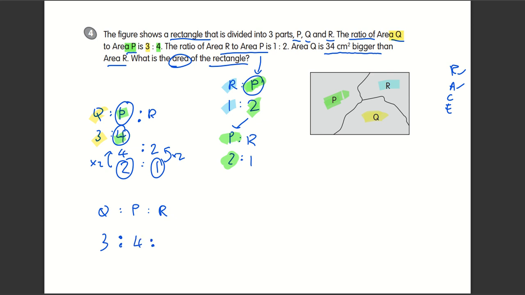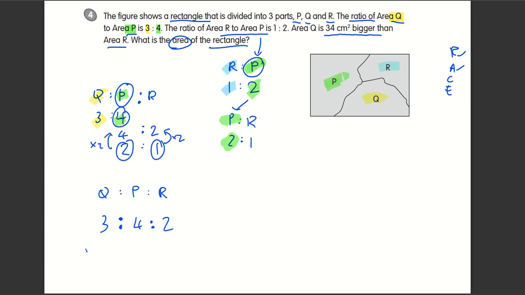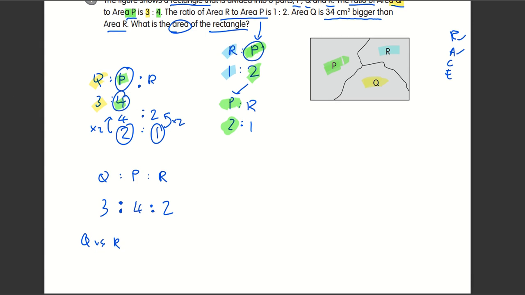Now that P is placed identically, then you have Q is bigger than R. That is the next relationship. Q versus R. Q is 3 units, and that is 3 minus 2 units.